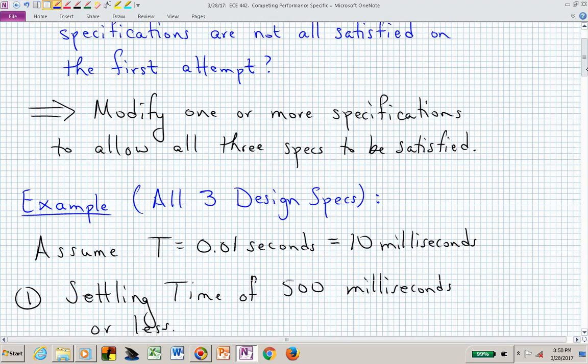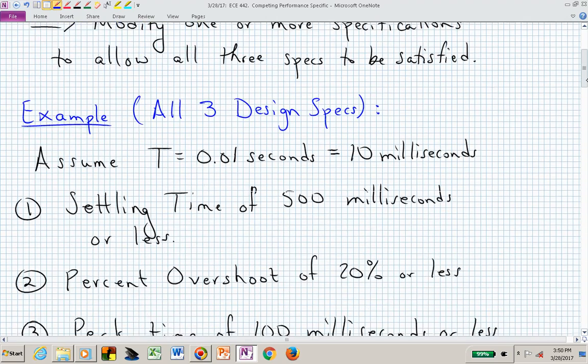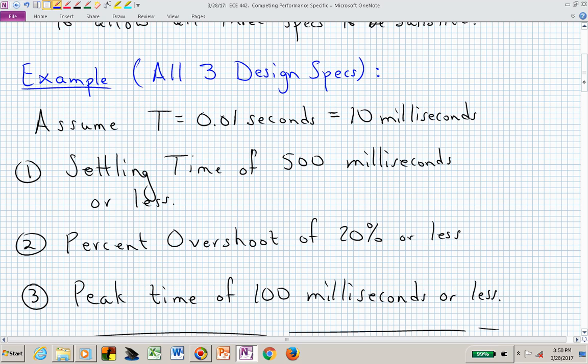And just to give us something to think about, let's assume that we have a sample period of 0.01 seconds, or 10 milliseconds. Suppose we're given the following three performance specs. We have a settling time of 500 milliseconds or less, a percent overshoot of 20% or less, and a peak time of 100 milliseconds or less.